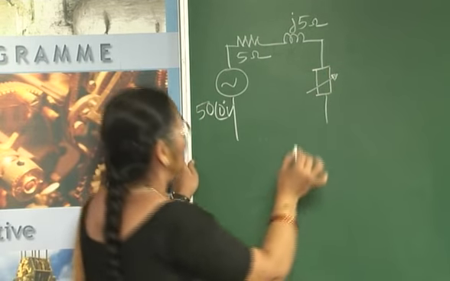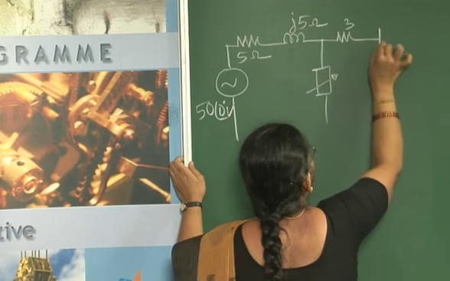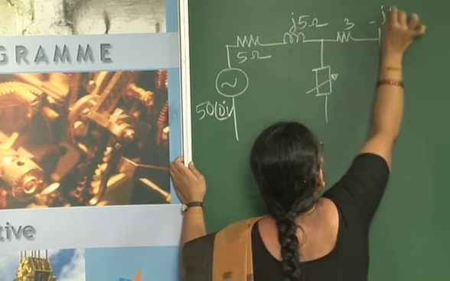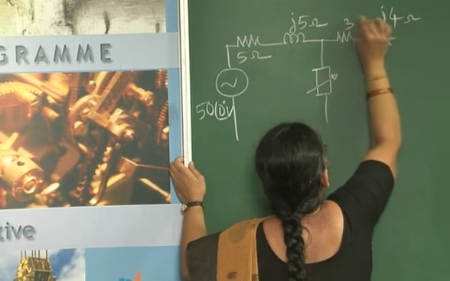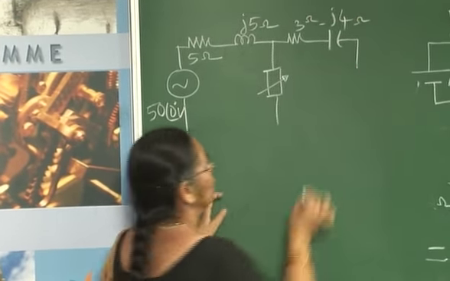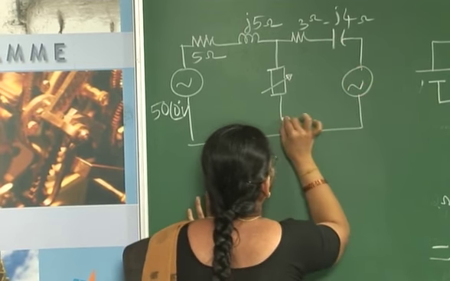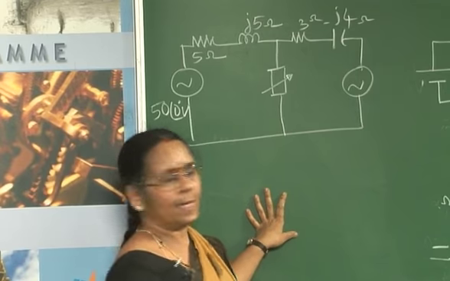Then I have 3 minus J4 ohms. Then to this I have one more source of 25 at 90 degrees.